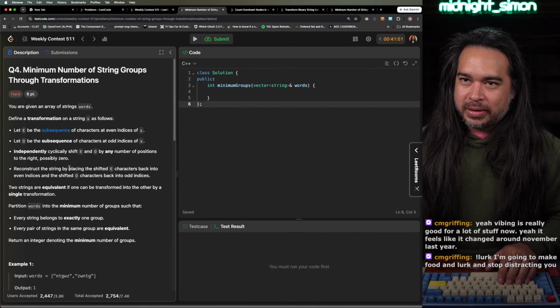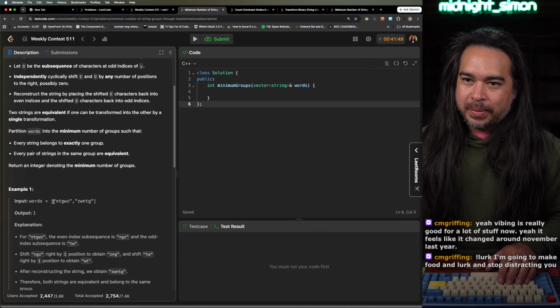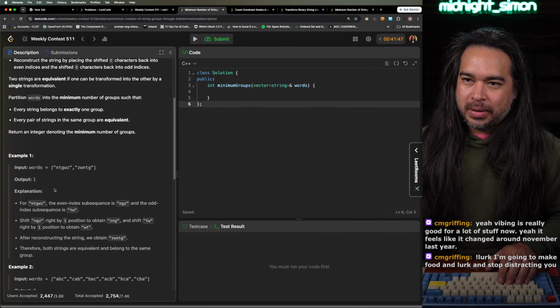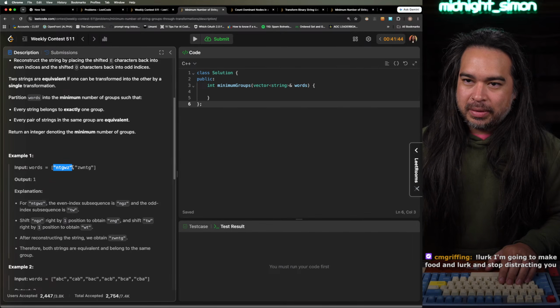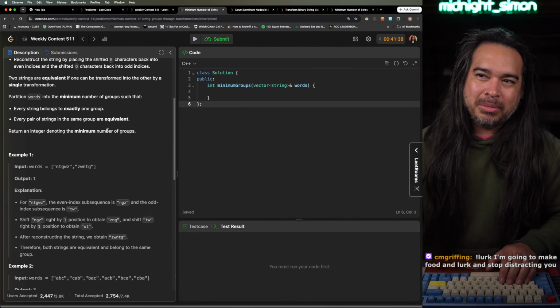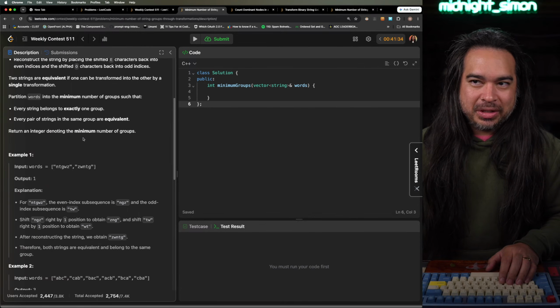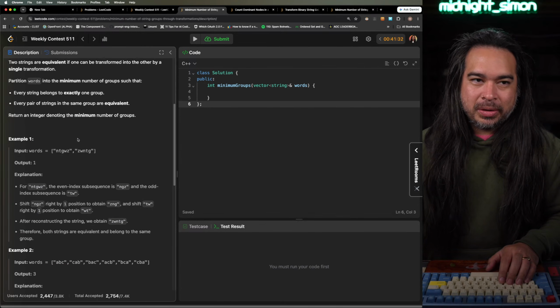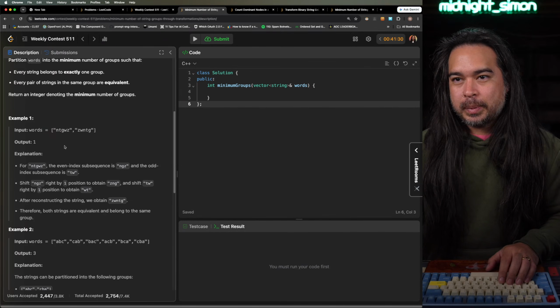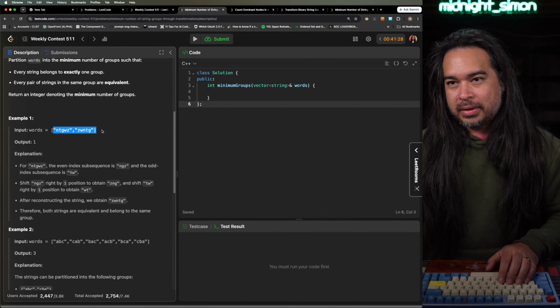I don't quite understand the problem, but let's look at example 1. These are the words. They say the minimum number of groups is 1. Alright, anytime I see minimum number of anything, I'm always thinking about binary search immediately, but I don't know how to apply anything here yet. So these are the words.